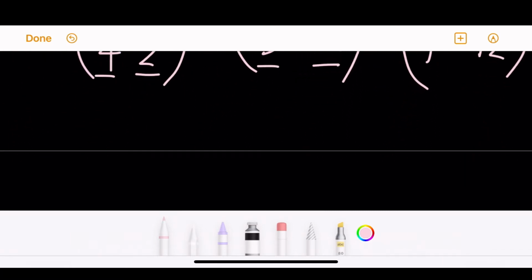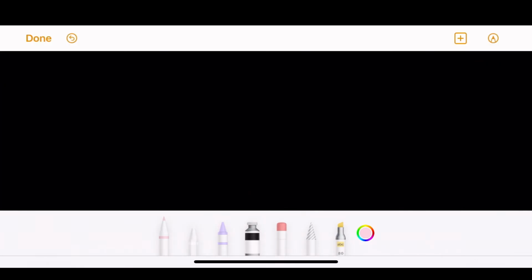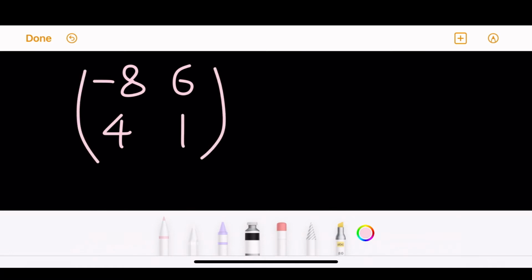Now let's have a look at subtraction. So we have -8, 6, 4, 1 minus -1, -1, -2, 0, and 3.